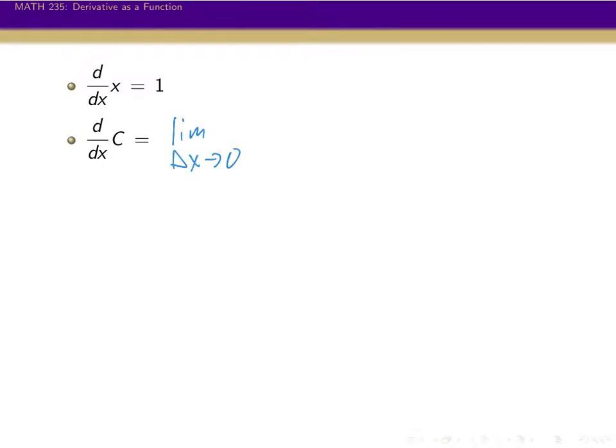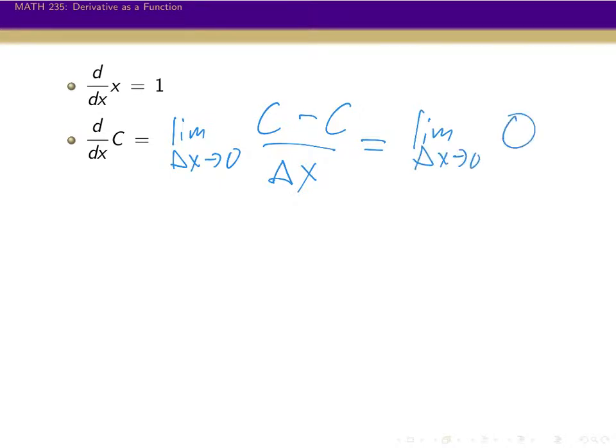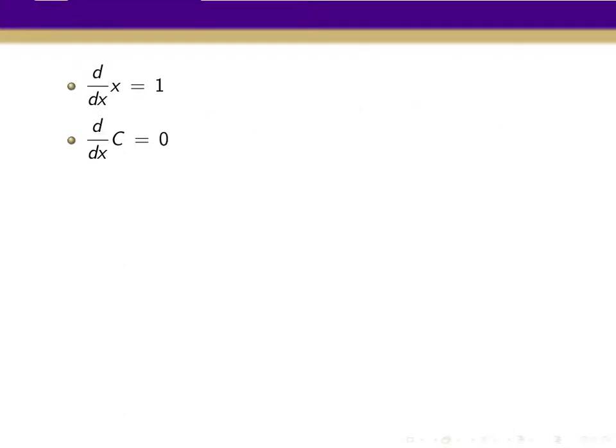Well, if I plug in x plus delta x into the constant, it's still going to be c minus c up on top, all over delta x. And so really, I'm taking the limit of 0. And the limit of 0 is just 0. And so anytime that we're taking the derivative of any constant, it's always going to be equal to 0.